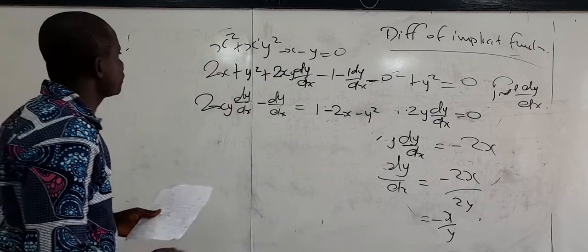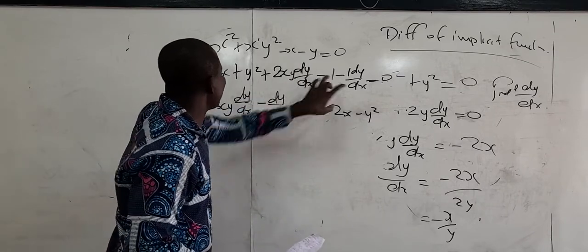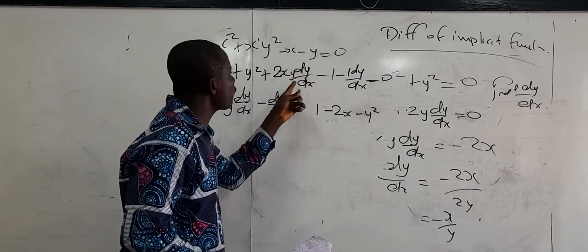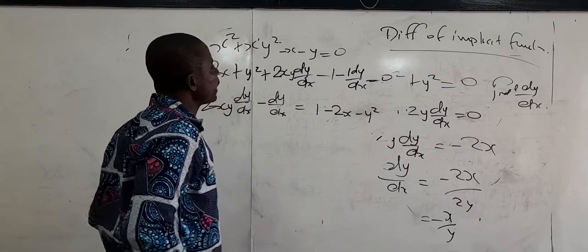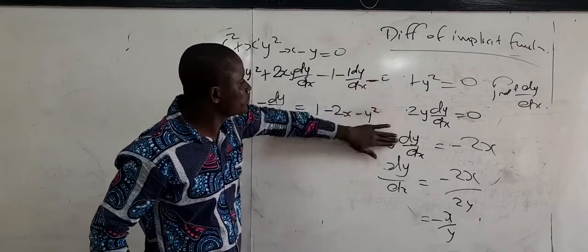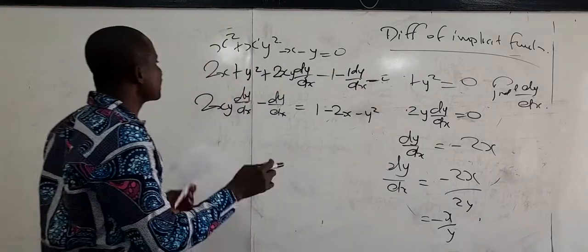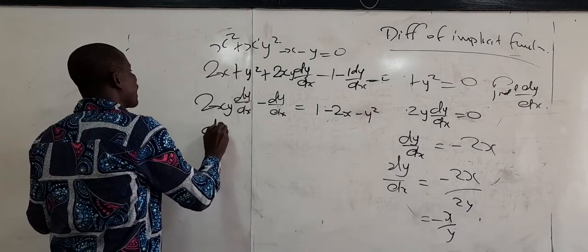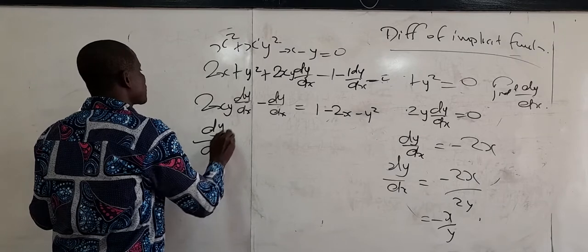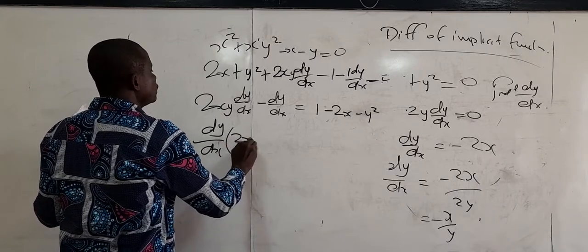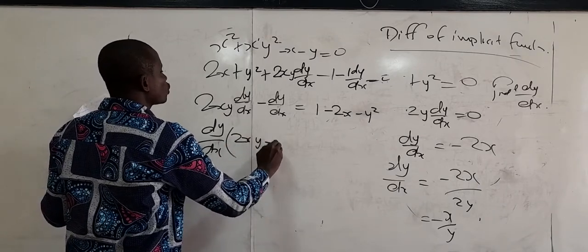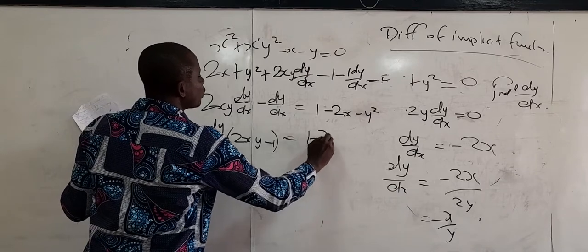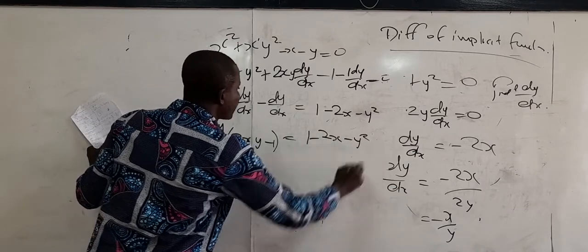Have a look at it. I'm grouping the dy dx here. Those involving dy dx are this and this. All the rest are moving to the other side of the equation. Is that okay? So now this is what we are having. And by factorizing, I'm having dy dx in bracket, what? 2xy minus 1 is equal to 1 minus 2x minus y squared.